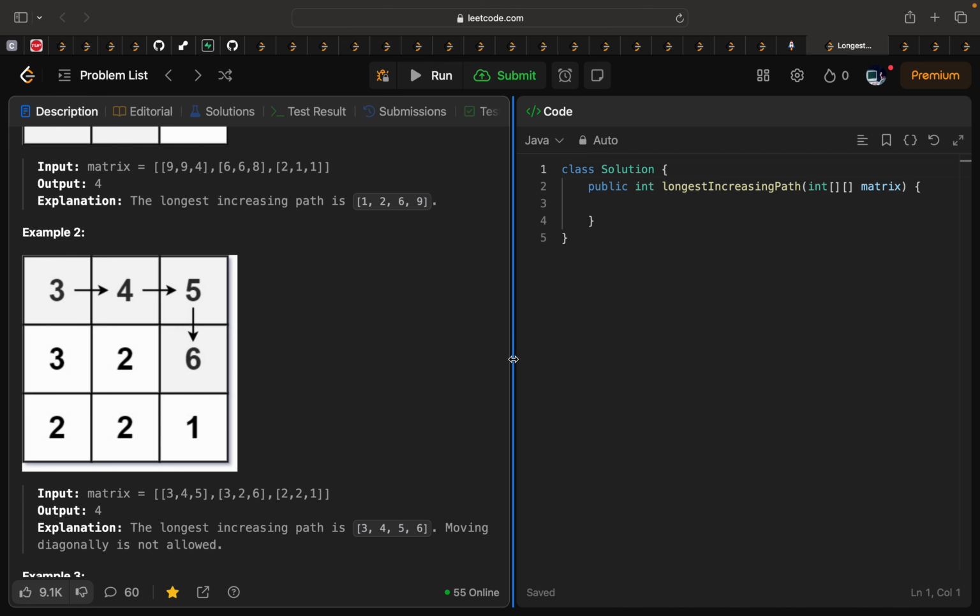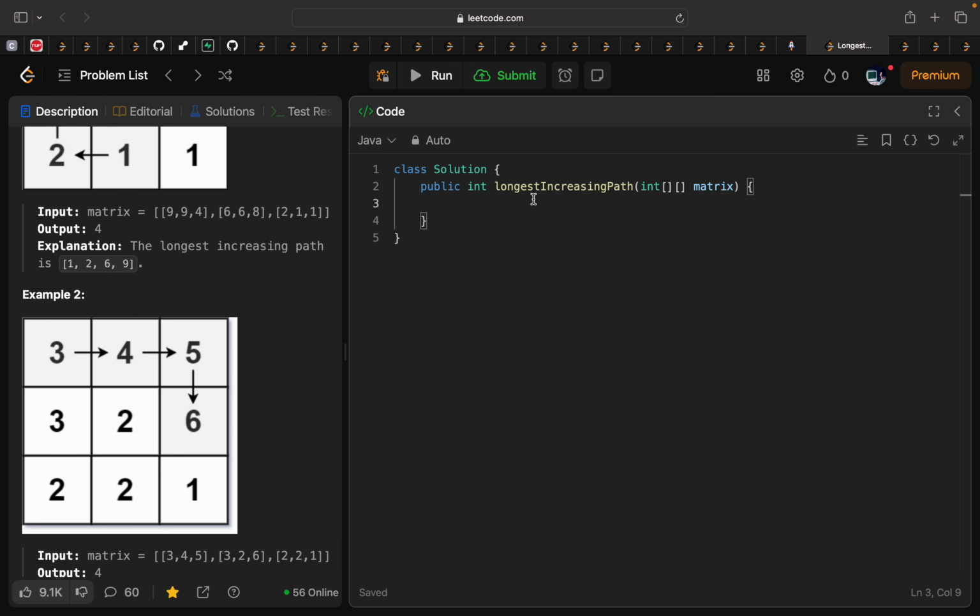So let's first define the indexes of our matrix, the dimensions of our matrix. We need to start from every cell.